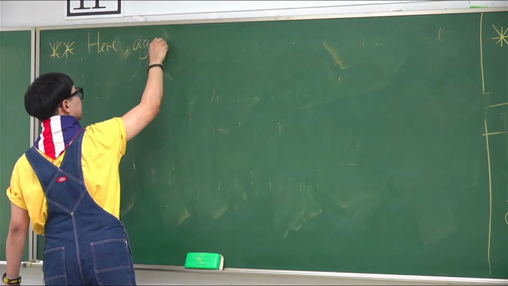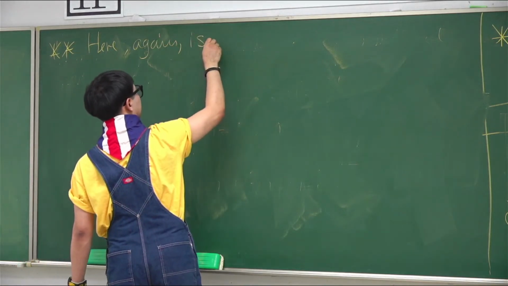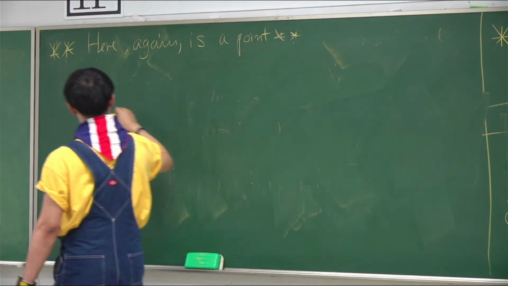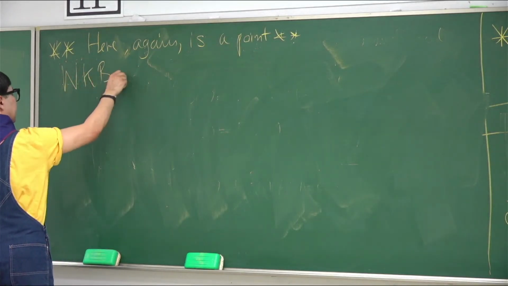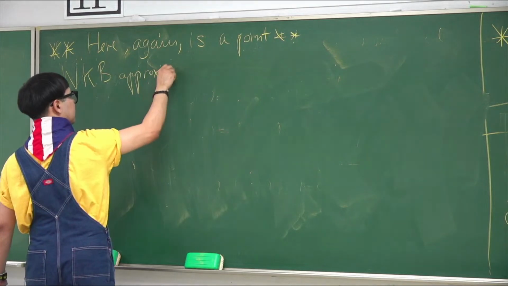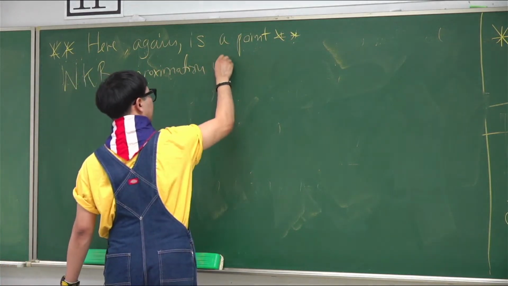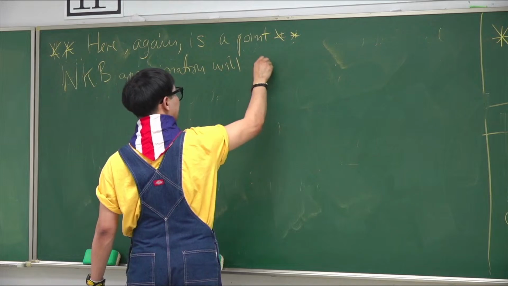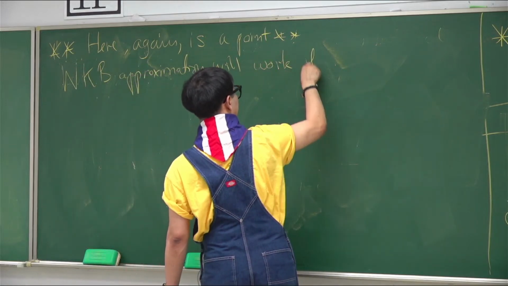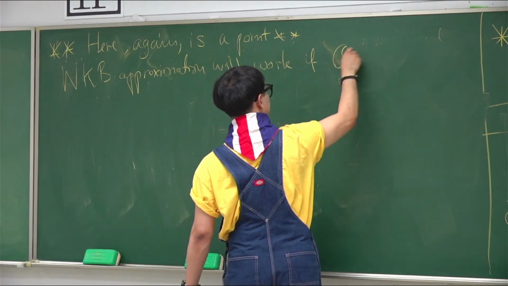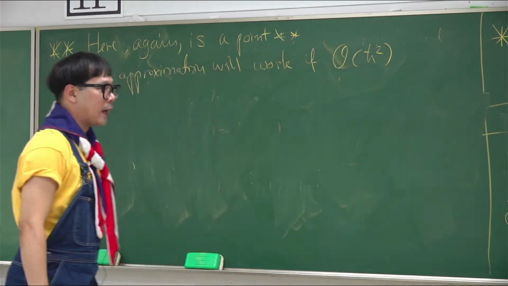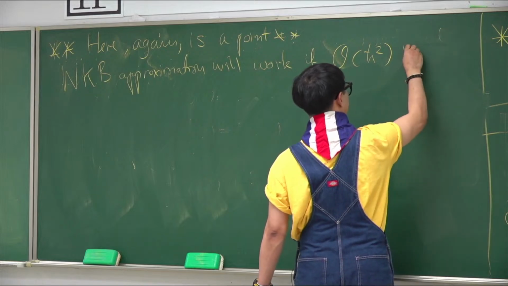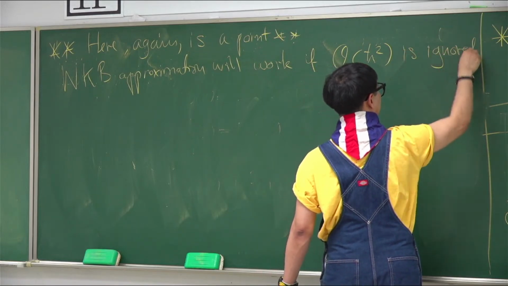Here again, it is a point: the WKB approximation will work if the term which goes with h bar square will be ignored.